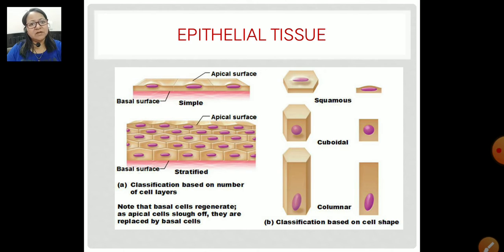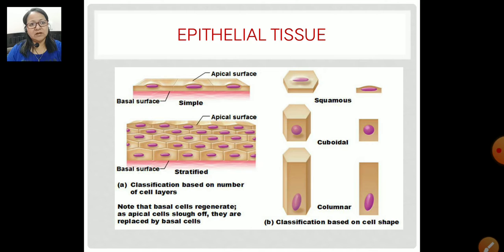Here, with the help of this diagram, we have simple epithelial tissue. You can observe that in each and every case of epithelial tissue, the cells are separated from the other tissue with the help of a non-cellular basement membrane. The cells in simple epithelial tissue are flat, like tiles on the floor.